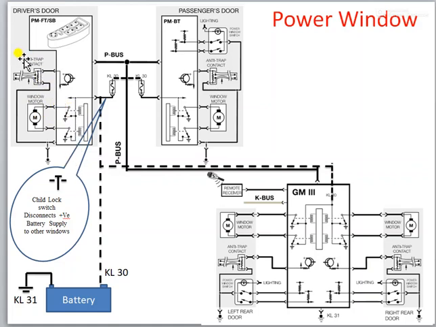After this is the anti-trap detection sensor. This sensor has a strain gauge, which is this arrow we can observe below the sensor, indicating the direction of force application whenever an object gets trapped between the window and the glass. Whenever that happens, this sensor bypasses the switch.